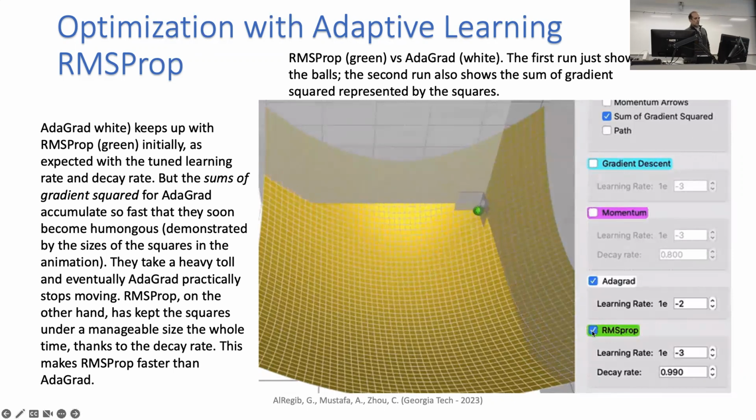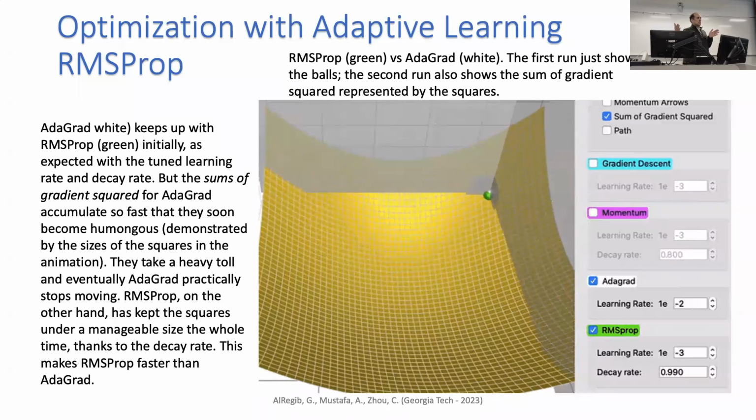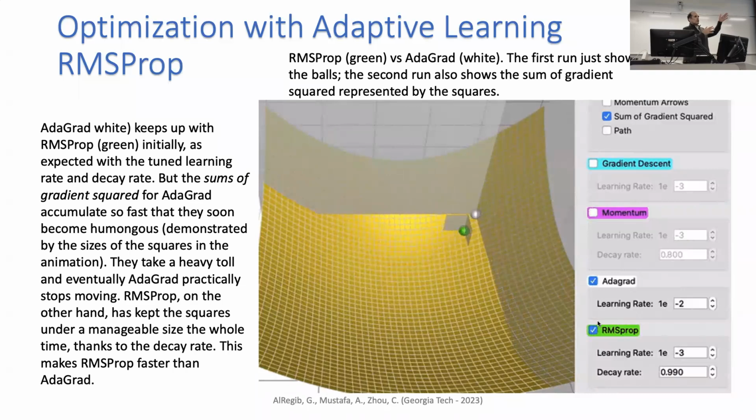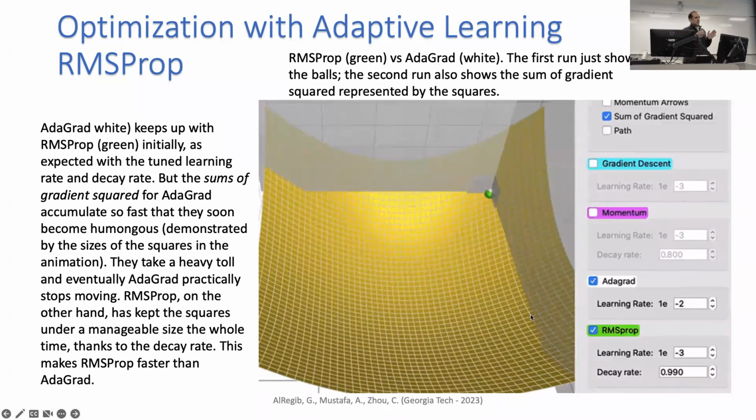Now what this one is adding is this beta, a decaying factor, because beta is less than 1. The problem with just the sum of the squares of the gradients, from instant 0 all the way to instant 50 or 100, is that you keep accumulating, and that becomes so huge that you are not moving anymore. RMSProp adds a decay.